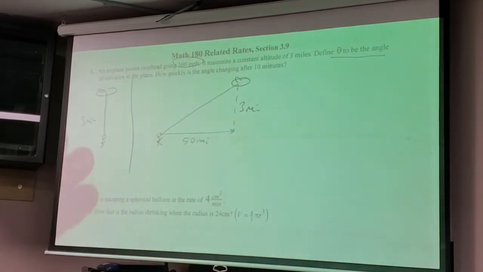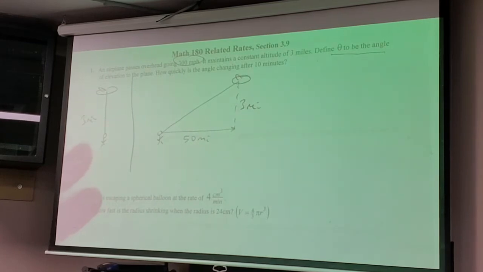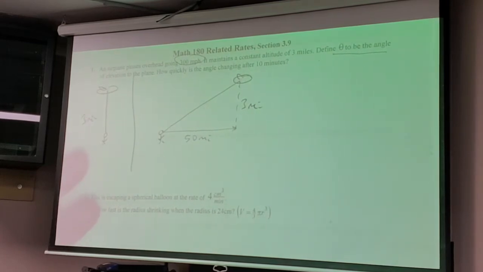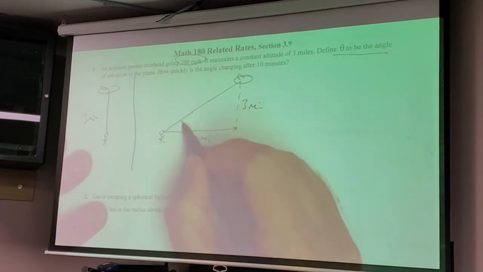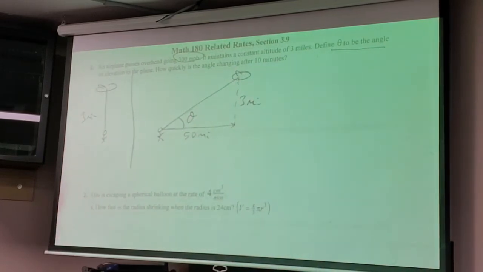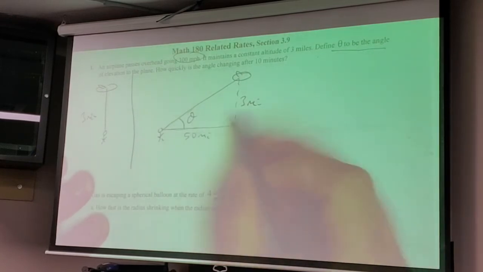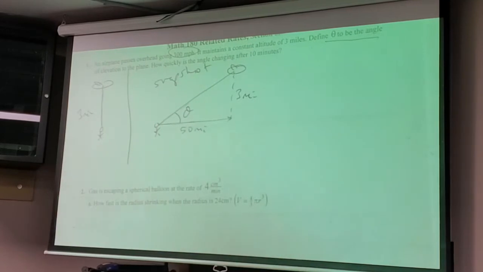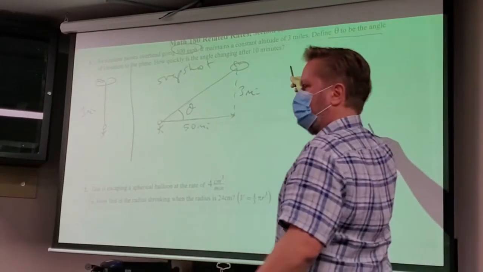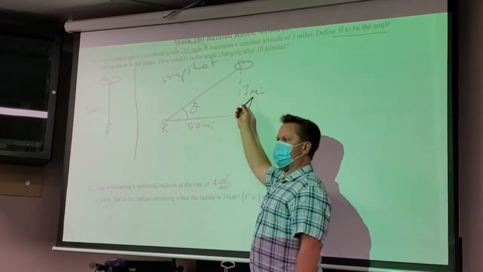And where's the theta I'm talking about? The angle of elevation. So here's where I'm looking straight, and here's where I'm looking to the plane. So this is theta. Now, what is changing in this? This is the part where people kind of mess up. This is the snapshot, right? Is 3 miles changing? If I wait a few more minutes, will this change?